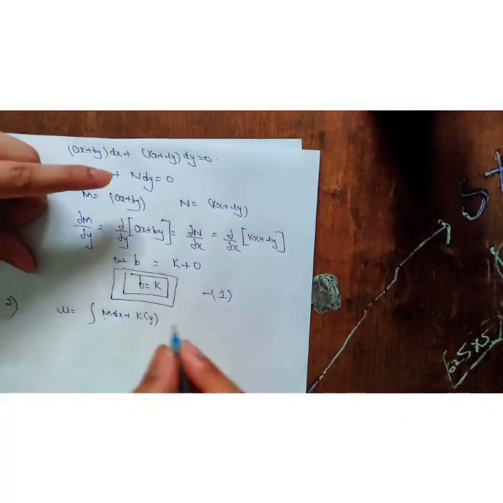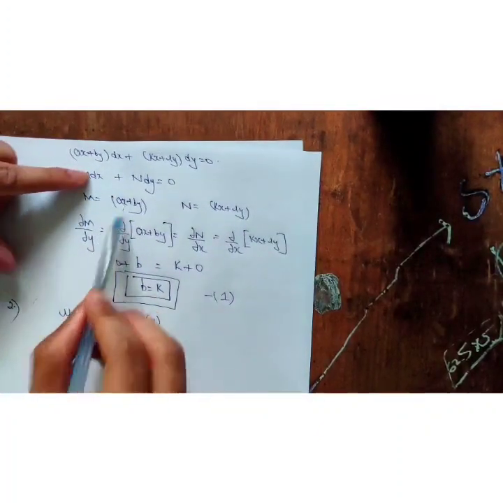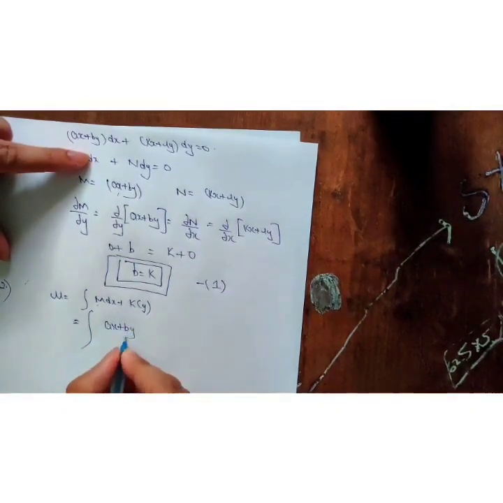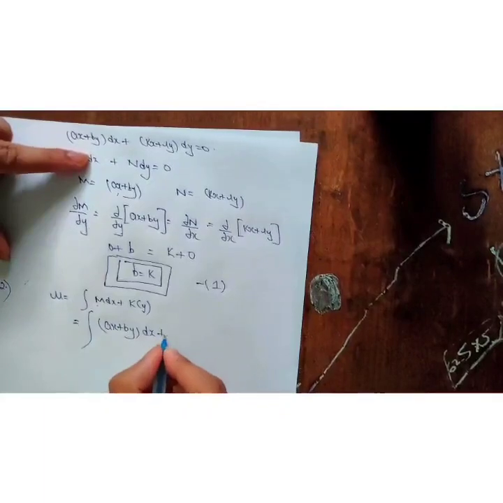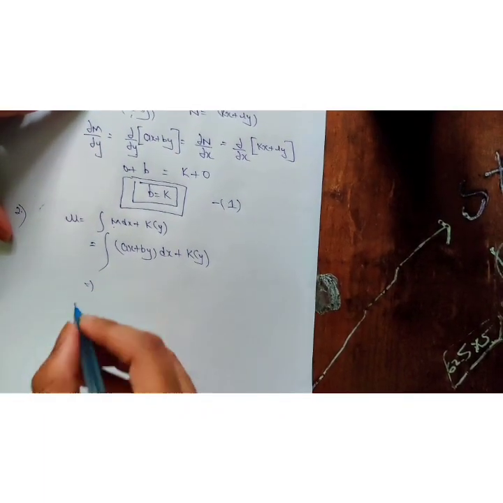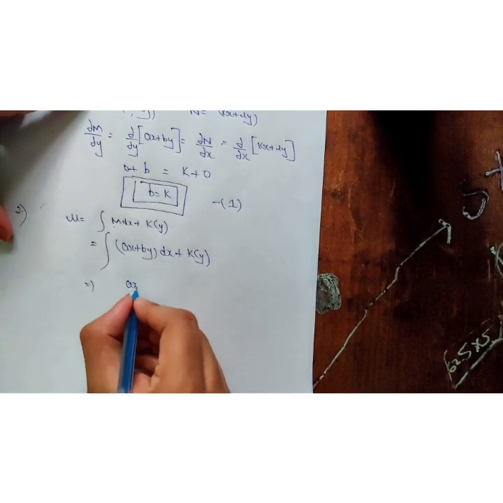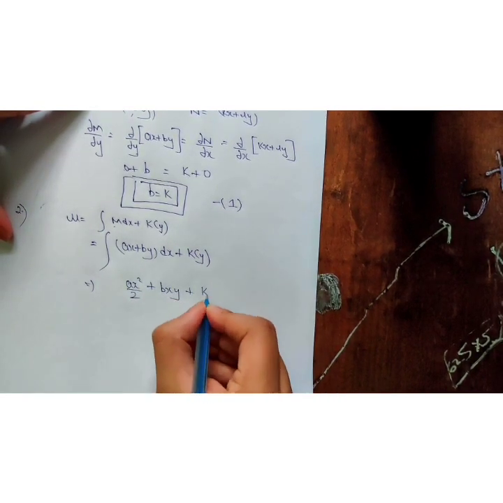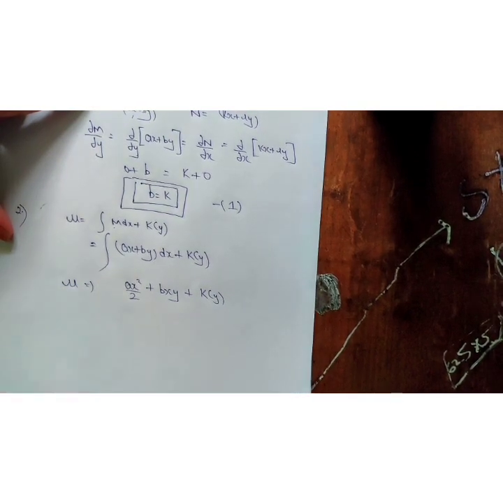What is M? I have already shown you, ax plus by. Write it down: the integral of (ax plus by) dx plus k of y. Now what is the integration of ax plus by? u is equal to ax squared by 2 plus bxy plus k of y.